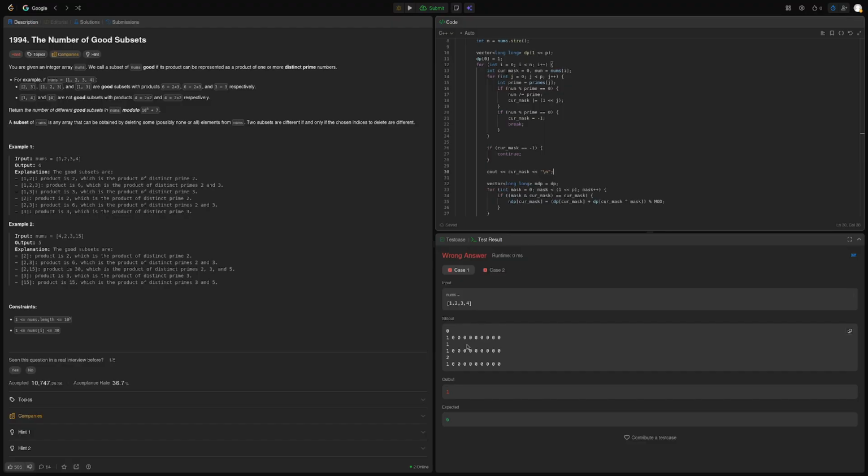Okay, so for 1 we go through all masks, and then the numbers in this can be made up of how many unique? 2 times 3 times 5, so only 3 prime numbers it can be made up of.